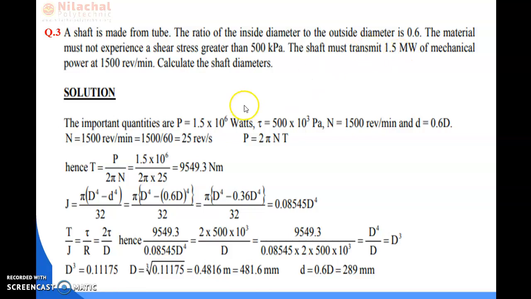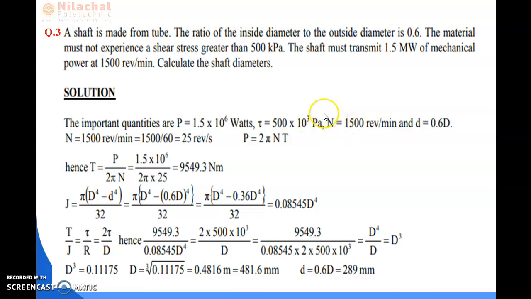So we have to multiply the 1.5 value into 10 to the power 6. After that, tau value is given as 500 kilopascal. So we know that 1 kilopascal is equal to 1000 pascal. So here we have to multiply 500 into 10 to the power 3 pascal.